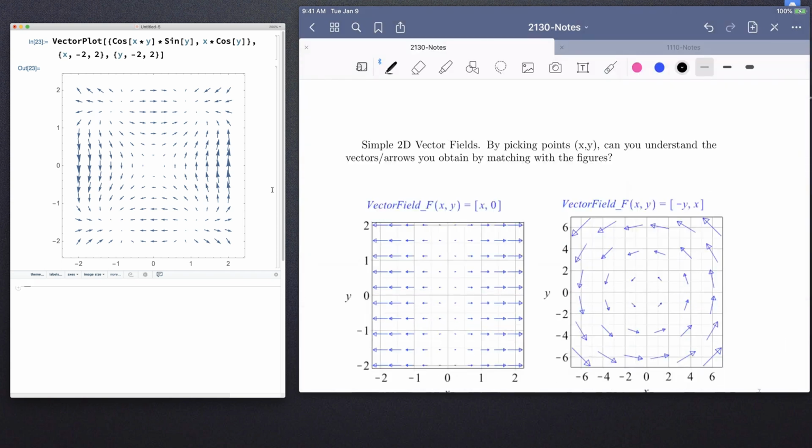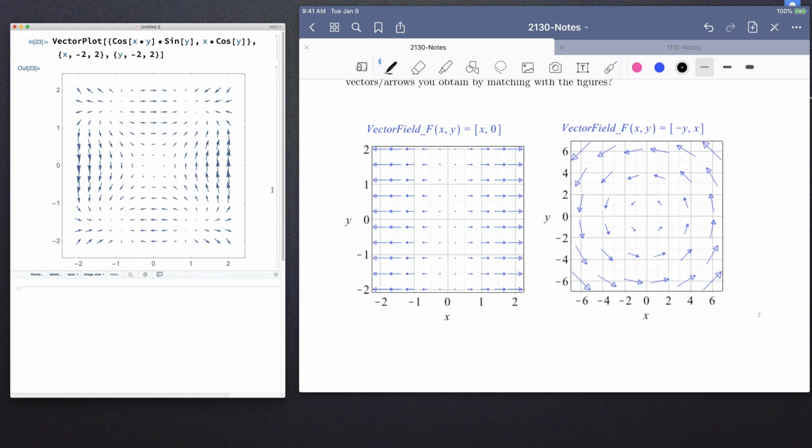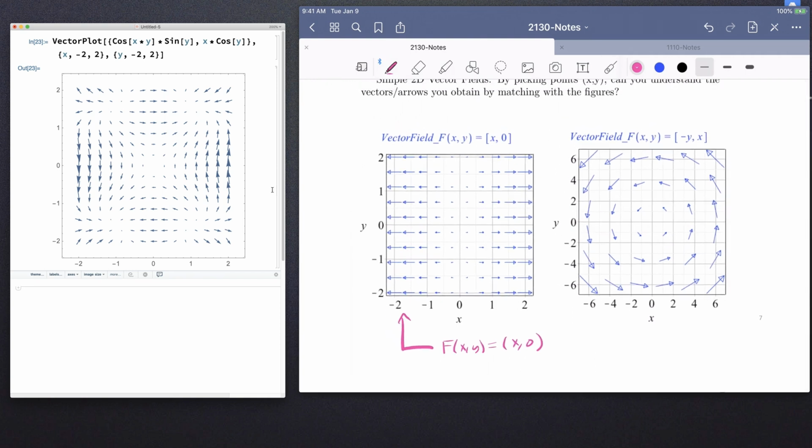Okay, so here we are. What we're looking at here is the vector field that we just saw a second ago, the vector field F of x, y is equal to x comma 0. So if we think about this as some points, at the point x comma y, we have the vector x comma 0. That's how we're interpreting this.